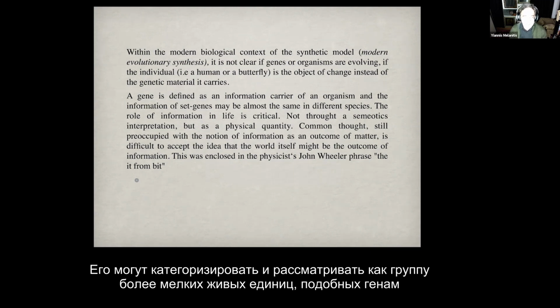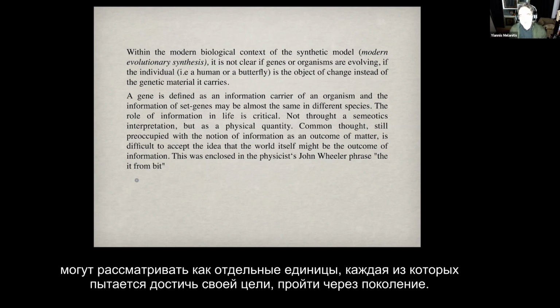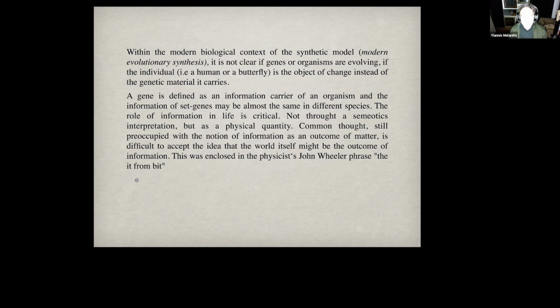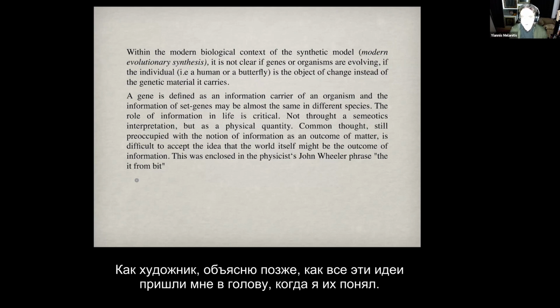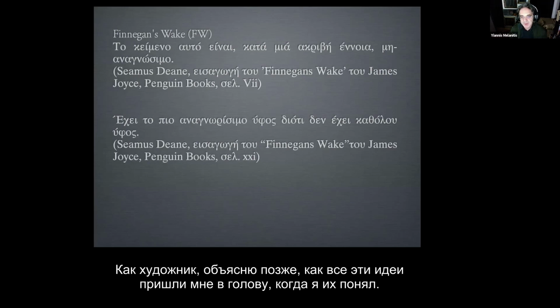It can be theorized and considered as a group of smaller living units, like the genes, which can be considered separate units, each one trying to achieve its goal, which is to pass to another generation. This is really important in order to leave ourselves outside the game, as an artist. I will explain later how all these ideas came to my mind when I realized this project.